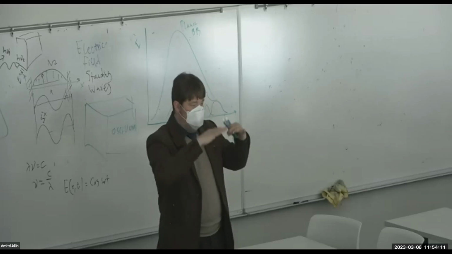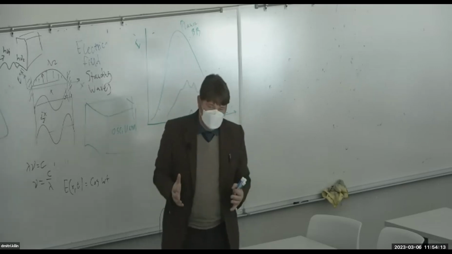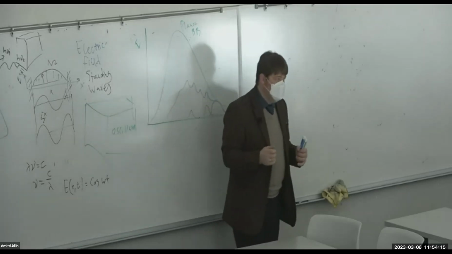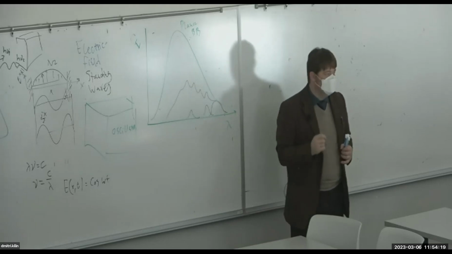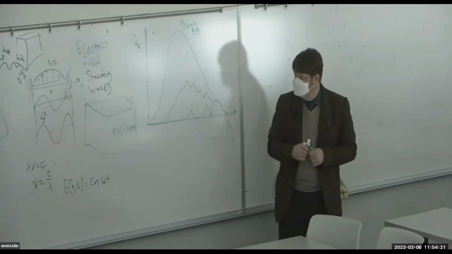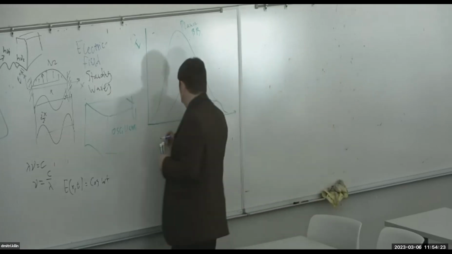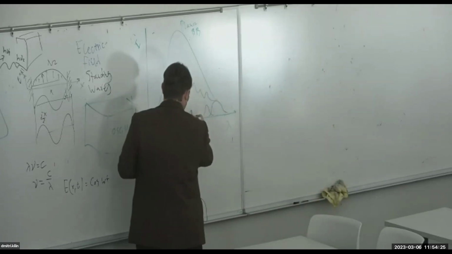So we have a box filled with oscillators, and each oscillator emits light at its own frequency with its own intensity. An oscillator with wavelength lambda has intensity I of lambda.